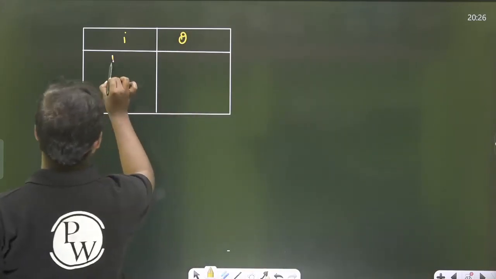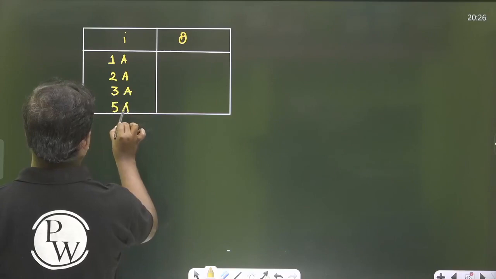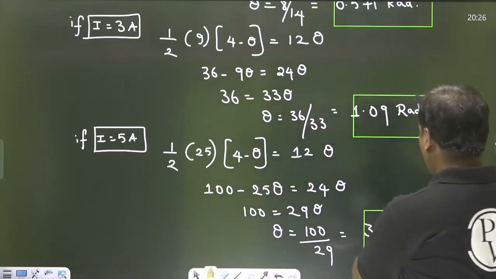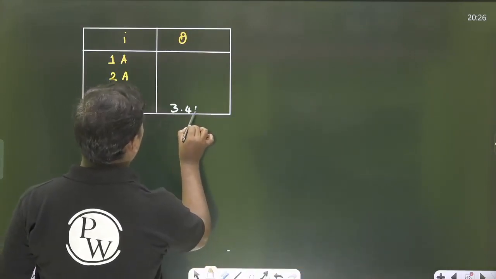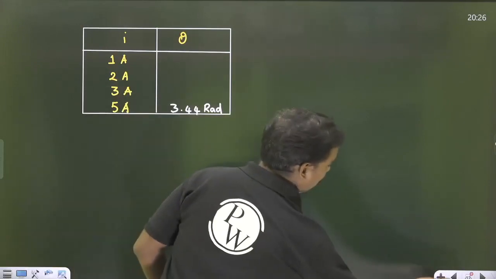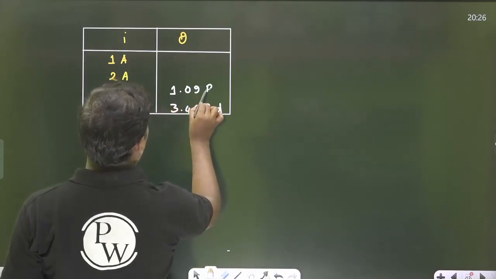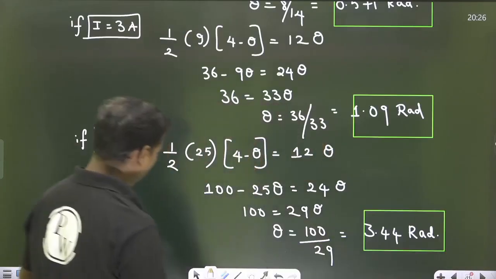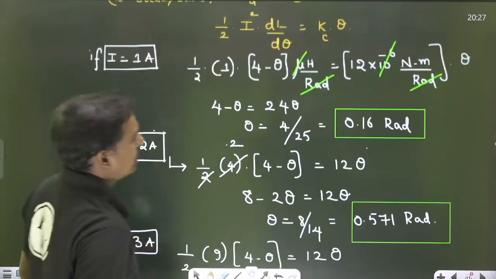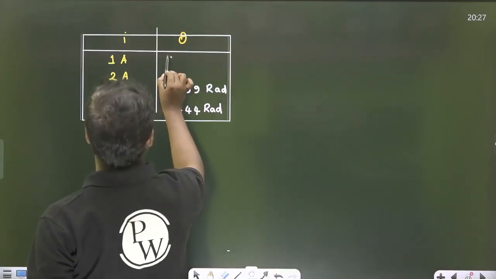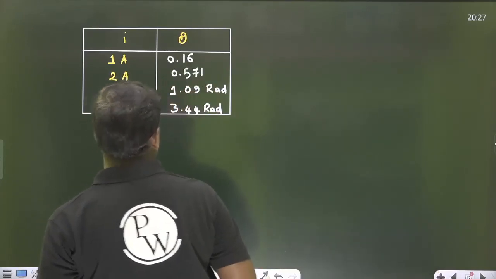The readings for currents of 1 ampere, 2 amperes, 3 amperes and 5 amperes: for 5 amperes, 3.44 radians; for 3 amperes, 1.09 radians; for 2 amperes, 0.571 radian; and for 1 ampere, 0.16 radian.